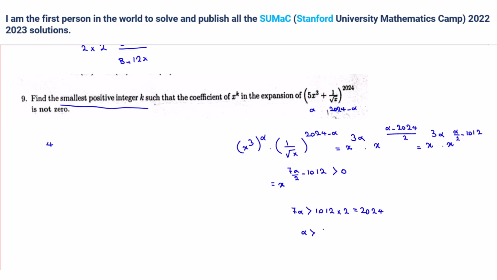So alpha is greater than what? 2024 over 7, right? Yes. So it is 289 point something, right? So the first alpha we should check is 290, right? Okay. So it will be 7 times 290 over 2, which is 7 times 145 minus 1012, right? Okay. So which is what?